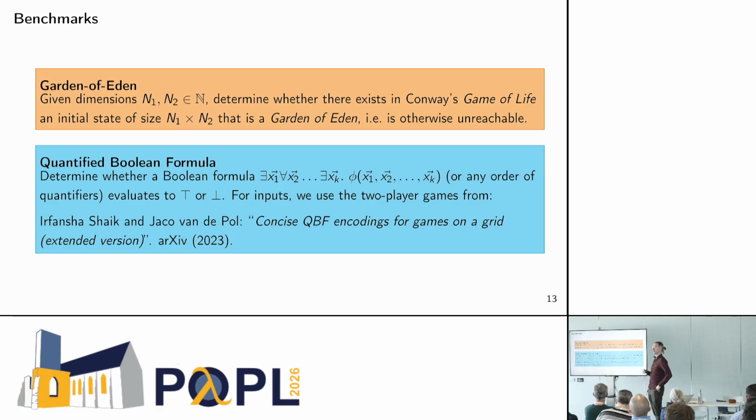So let's actually look at things in practice. For that, we have two benchmarks. First of all, we have a Garden of Eden question: given a grid of size n1 by n2, in this case in Conway's Game of Life, does there actually exist some initial state that doesn't have a predecessor?